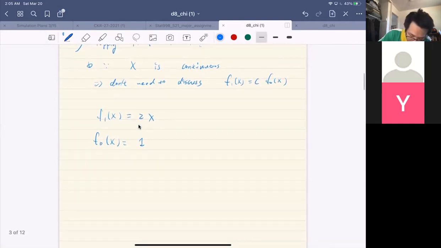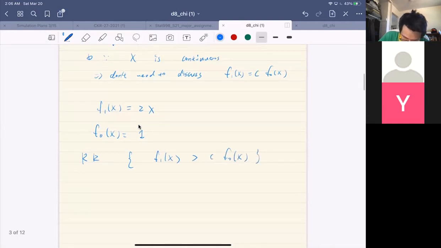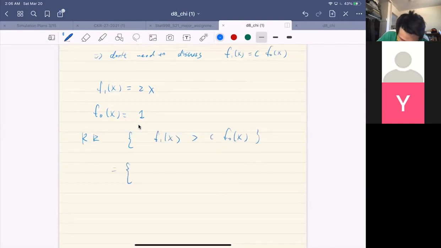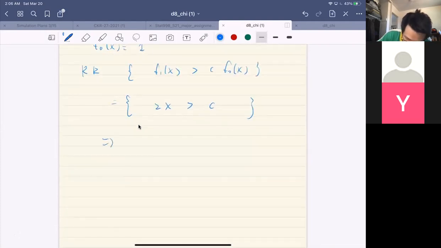So the rejection region will be f1(x) over f0(x) greater than some constant c. So it is 2x greater than some constant c, and this is equivalent to x greater than some constant.